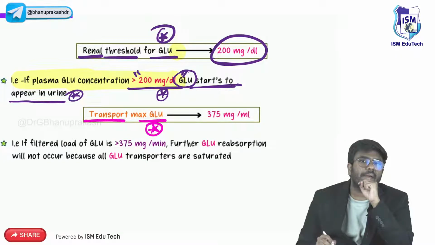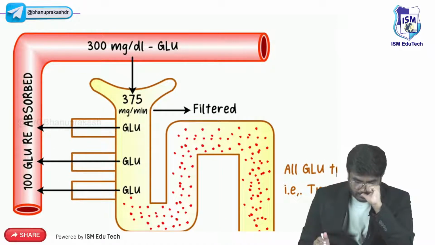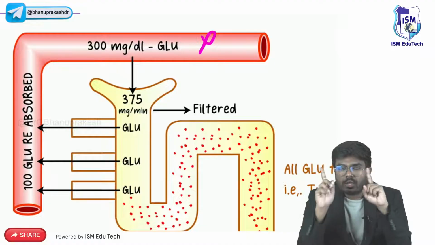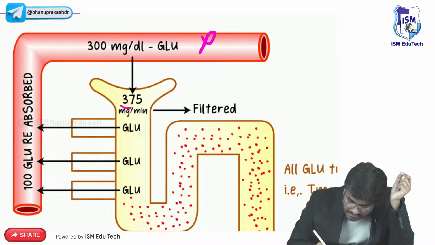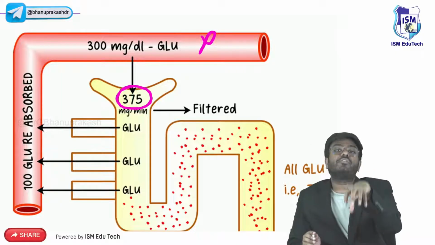What is this transport maximum for glucose? To make you understand, right now I'm not talking about the plasma concentration. Forget about the plasma concentration. Now I am talking about the filtered load. How much glucose is getting into the nephrons?